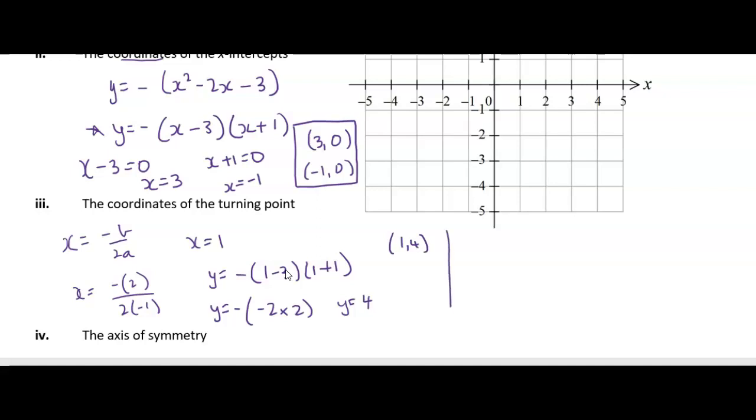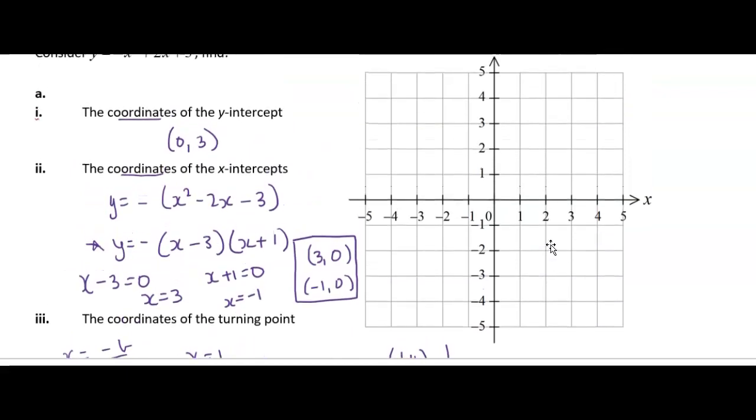Now, if you wanted to do it the other way, if we just have a look at our graph, we're going to have to graph it later anyway. So our x-intercepts are here at -1 and 3. So your turning point is always halfway between them. So you can see that it's going to be at x equals 1. If you can't work out the halfway point, so let's say you had non-integer values and it was just too hard to see what that middle value is, just add your two numbers together, so -1 plus 3, and divide by 2.